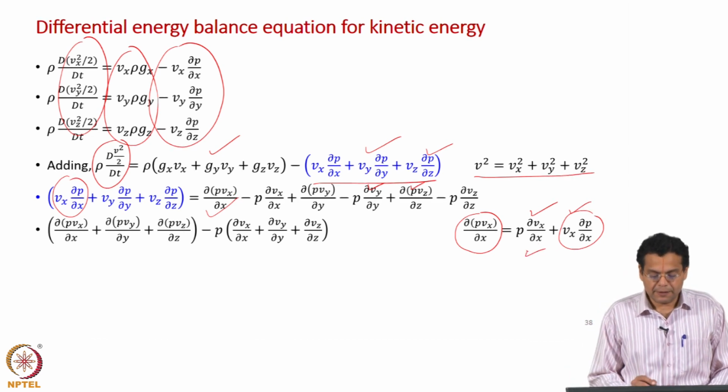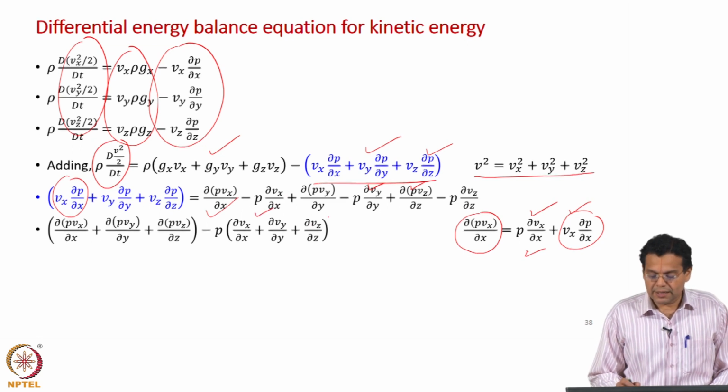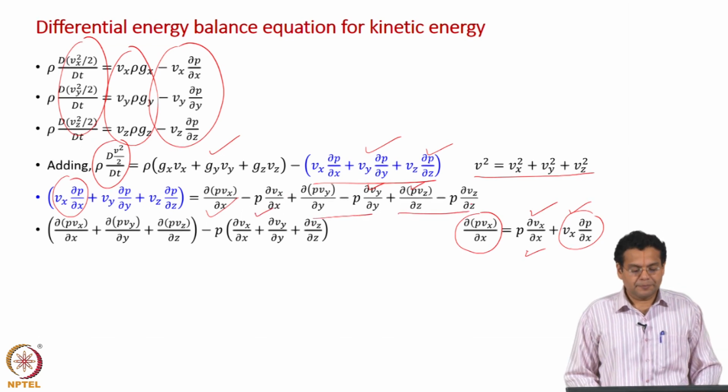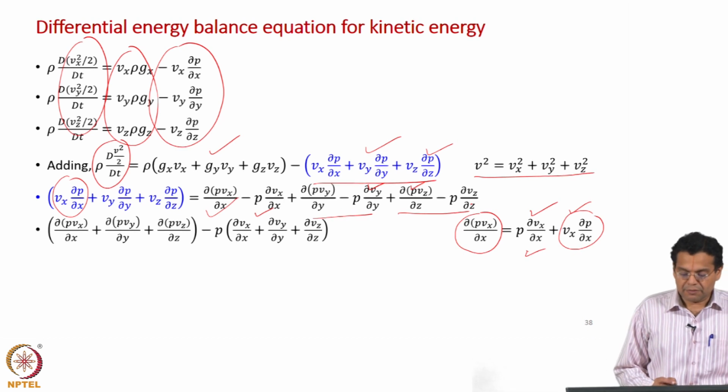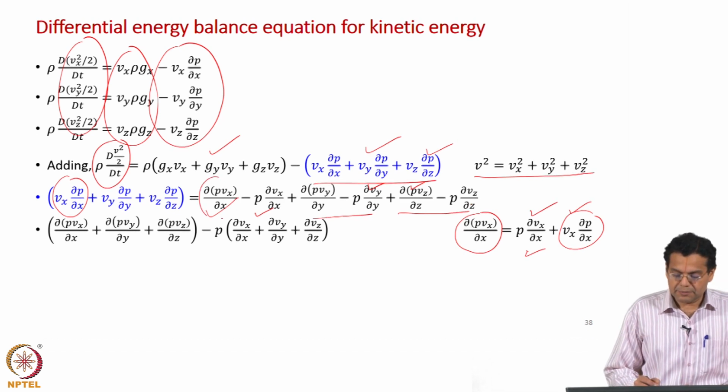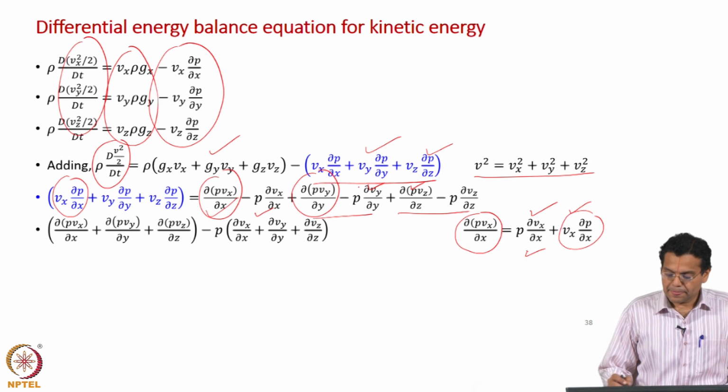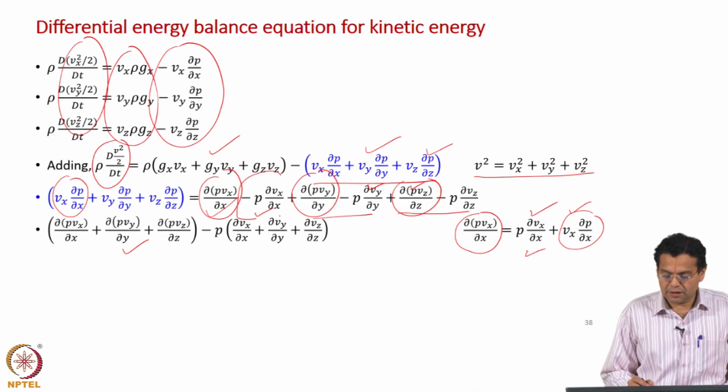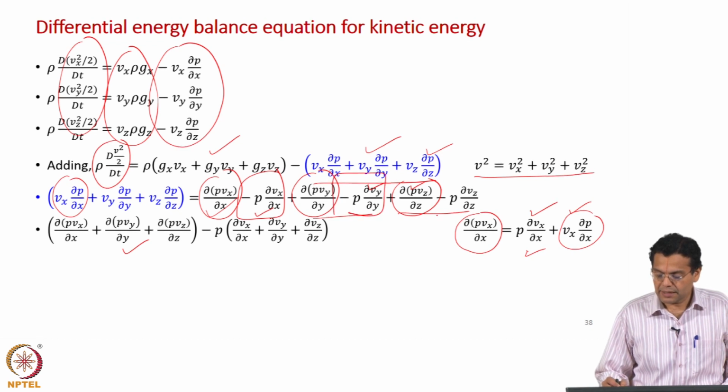That is all we have done. Similarly in the y direction, similarly in the z direction, and now we have grouped these terms here and then grouped the rest of the terms as the second term.